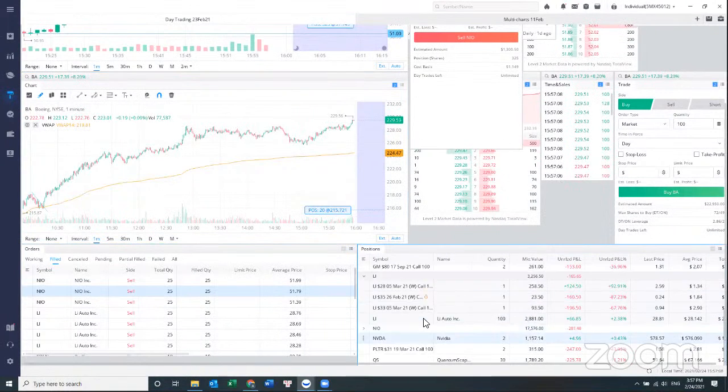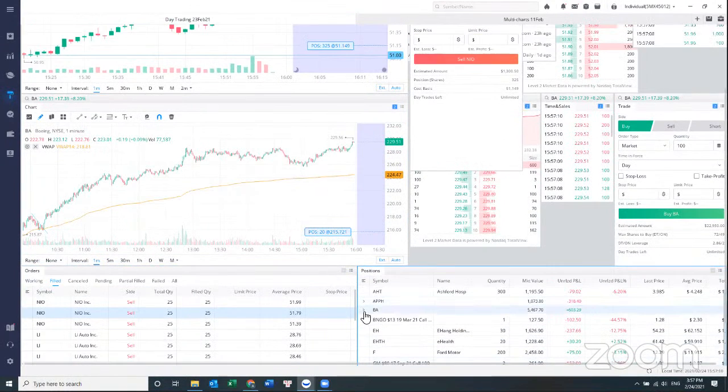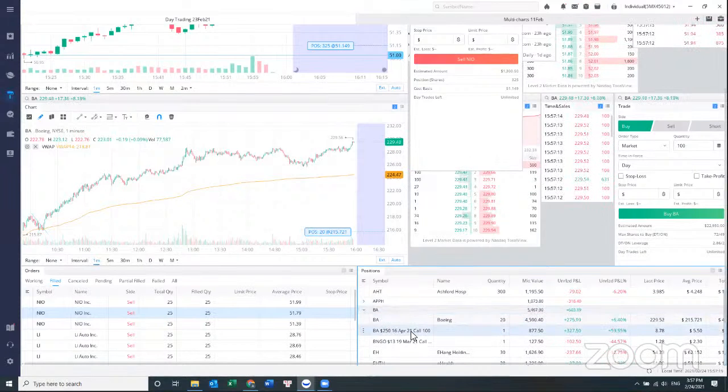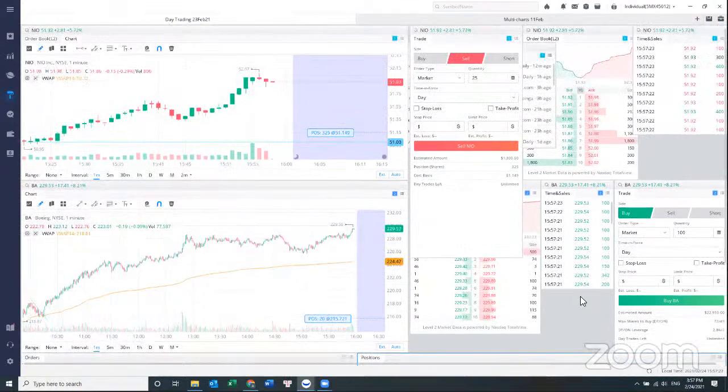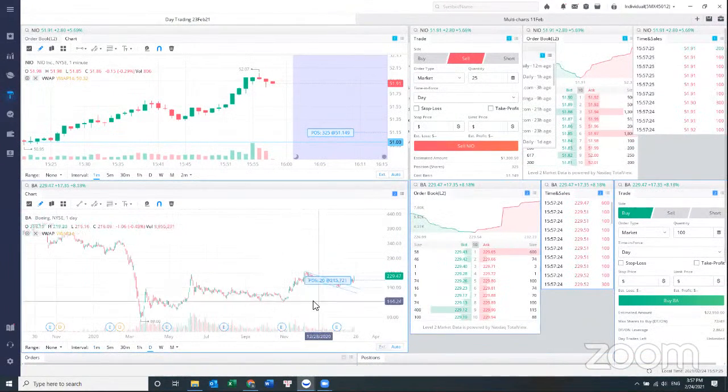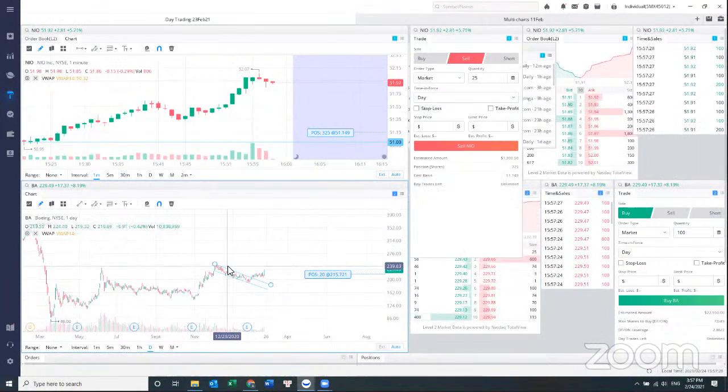But I also have an option to buy 100 shares of Boeing at 250 on the 16th of April. That gave me $300 today. Where do I see Boeing going? I'm very, very optimistic on Boeing. You can read more in my Facebook post, but this is basically a cup and handle.